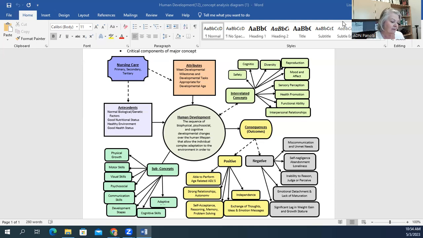It says the signs have to be present for a minimum of 6 months and have occurred before the age of 12 years. Be present in 2 or more settings, which means at home and school, or at school and church, 2 different settings. And impair at least one level of their functioning: academic, social, or occupational.